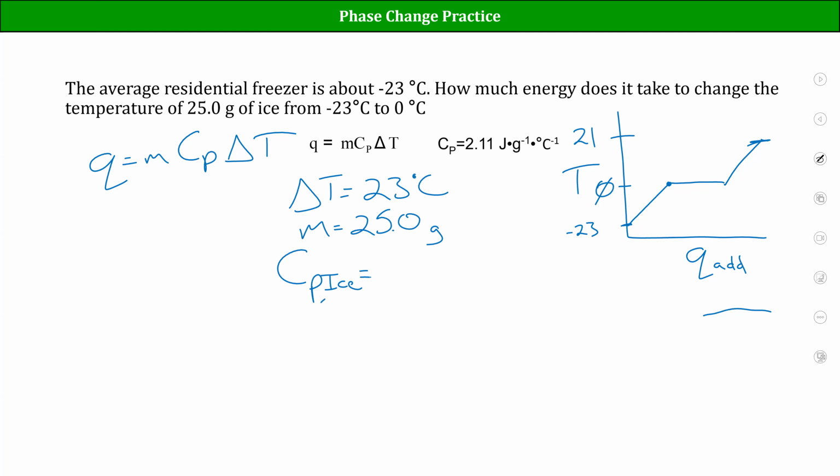You want to be a little bit careful with the specific heat. I know we use the specific heat of water a lot, but that's specifically talking about liquid water. Ice has a different specific heat, which is given to you. It's actually easier to warm up ice than it is to warm up water. Another case of water being weird.